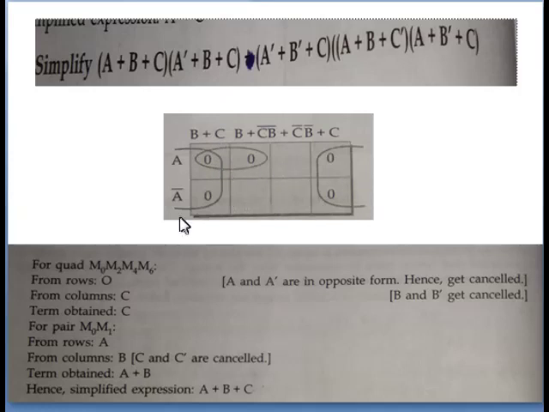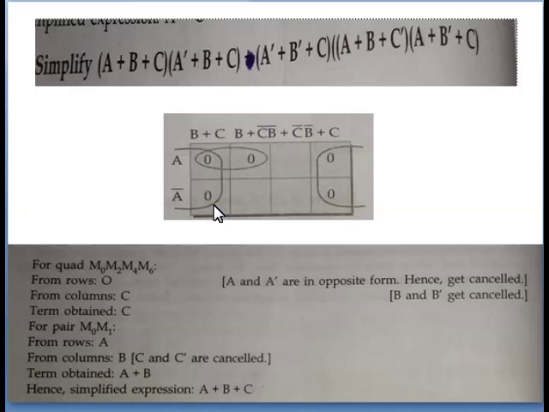Step number 2. Now we are going for the grouping of the cells in the K-map. First we have to give priority to the octet. Octet means a group of 8 zeros. Is there any chance to group 8 zeros together here?